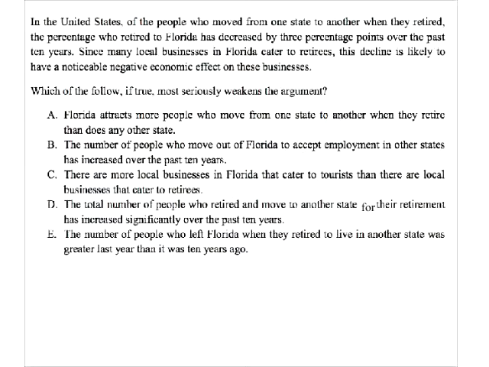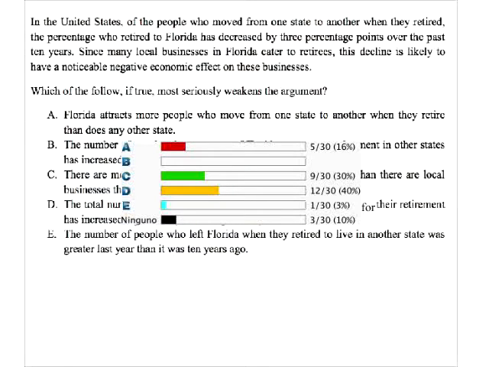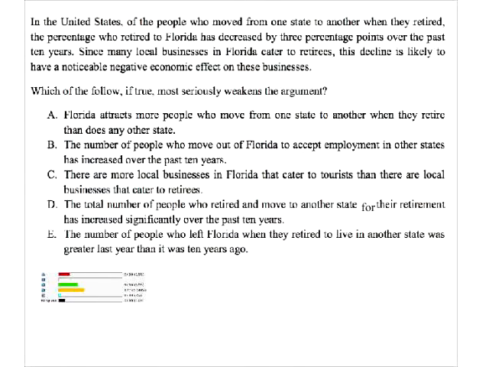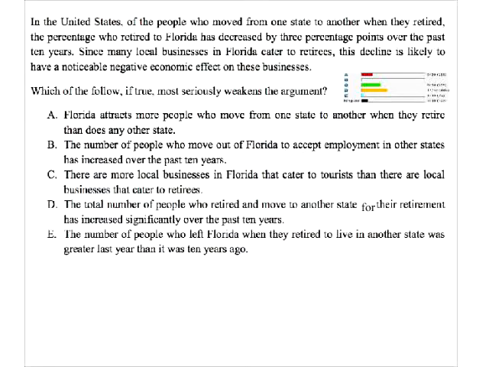In the United States, of the people who moved from one state to another when they retired, oh, by the way, statistics here are your class statistics. So there's a split, mostly C and D, but a few odd other answers here and there too.